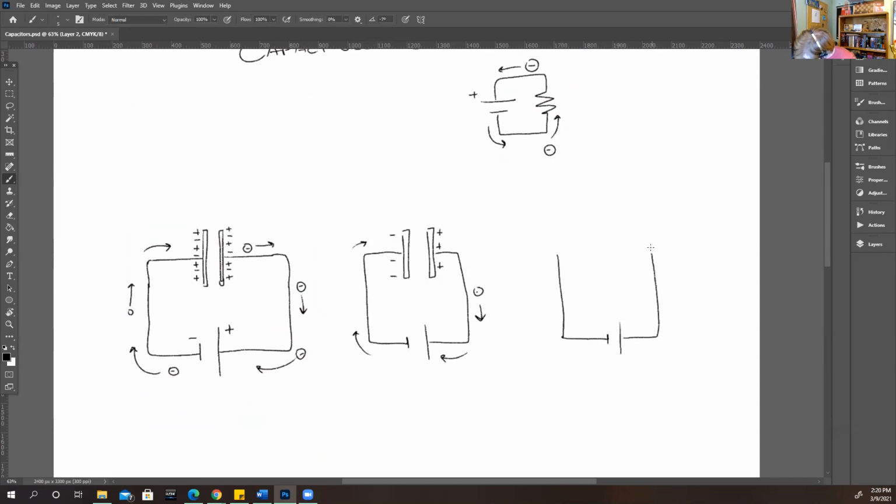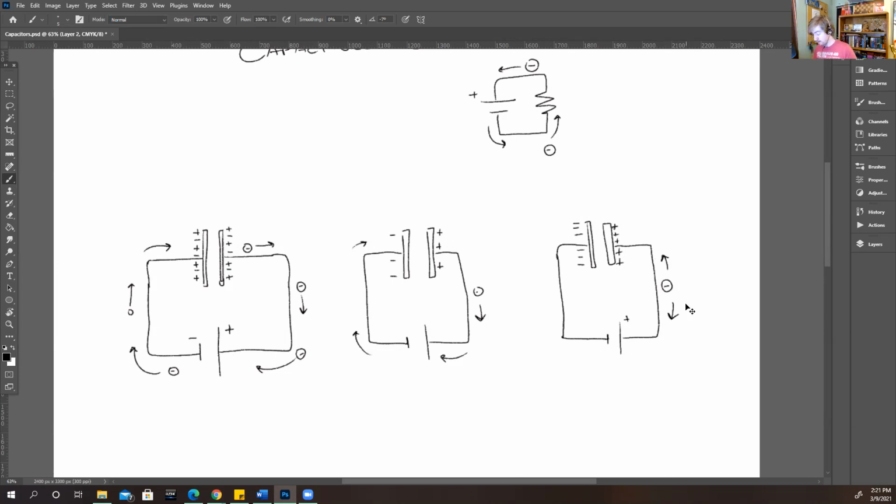It isn't until there are so many positive charges on this right side plate that the electron that was traveling in those previous two pictures gets to this point right here in the middle and is equally attracted to the plate up there and to the battery down there.